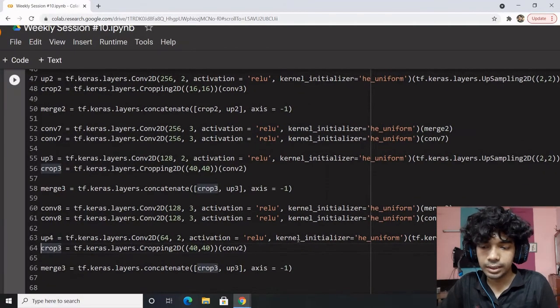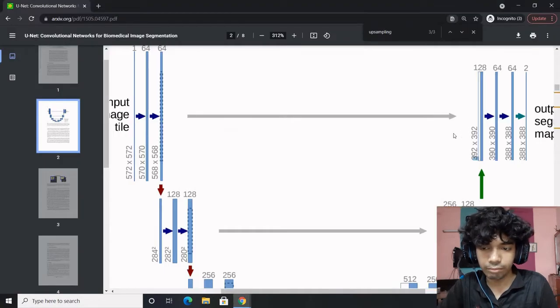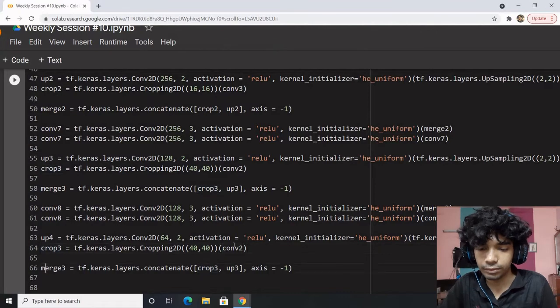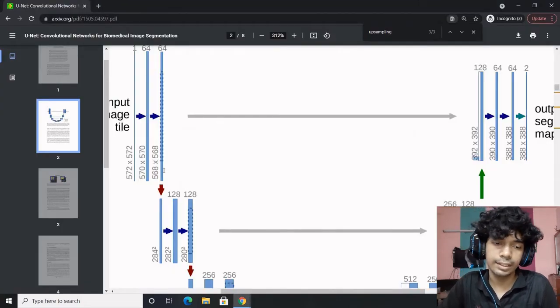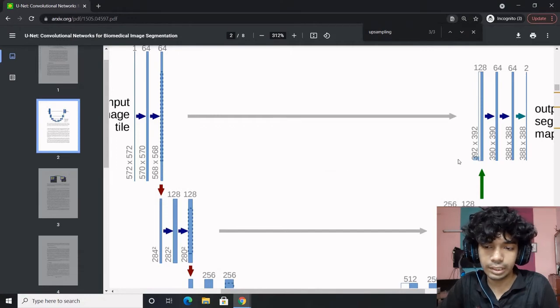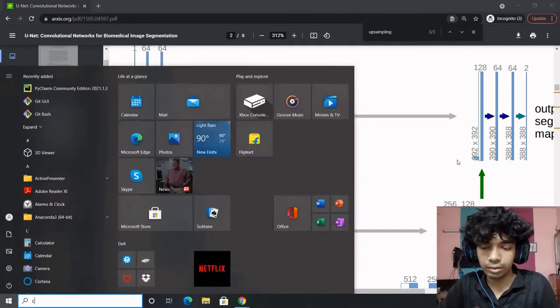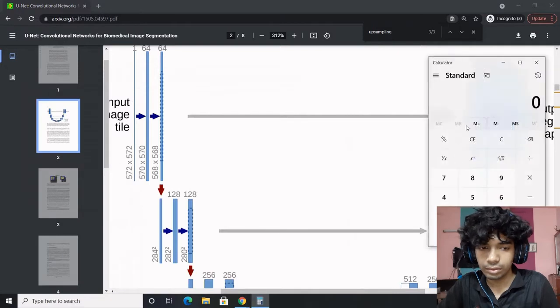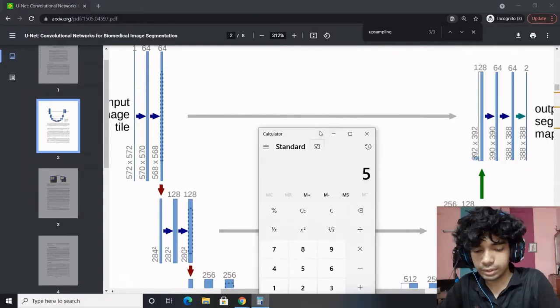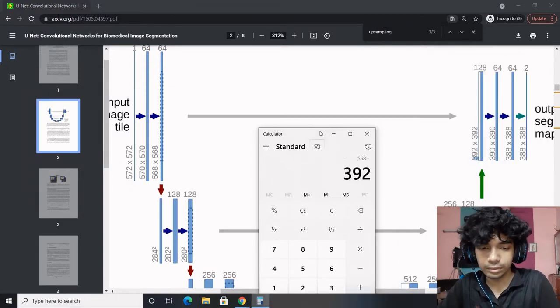You have obtained the upsampling part. Once you have obtained the upsampling part, you need to figure out where to crop from. Cropping would happen from convolution 1. How much? It was 568, which needs to be converted to 392. 568 minus 392 is 176, by 2 is 88.